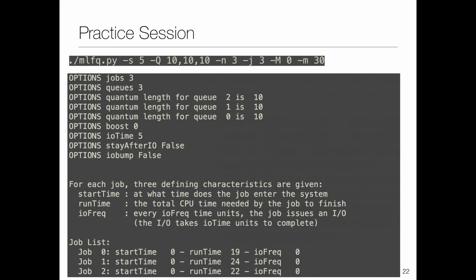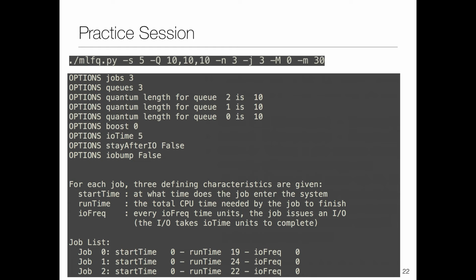So do you get the question? We have 3 jobs, starting at time 0. Their execution times are 19, 24 and 22. And the quantum of each of the queues is 10. 3 queues, 3 jobs.